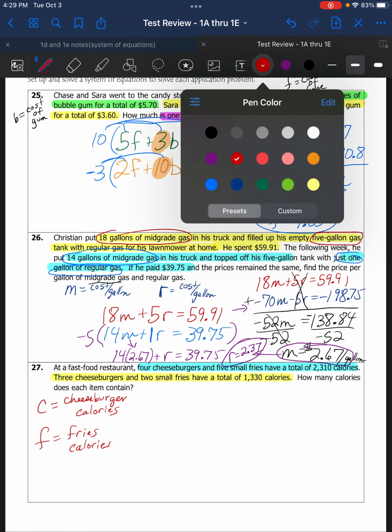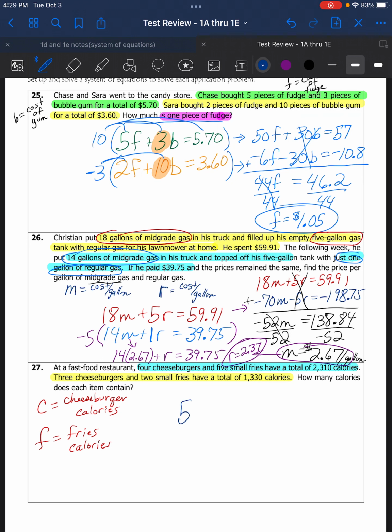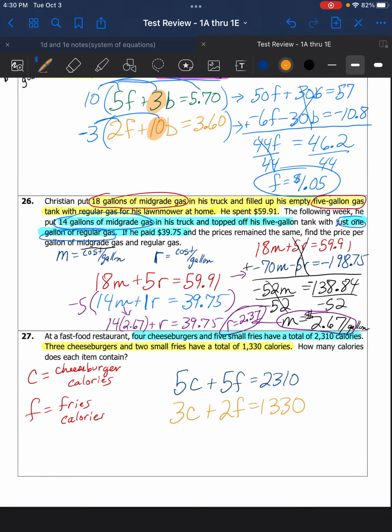So your first scenario, we have 5 cheeseburgers, 5 times however many calories they are, plus 5 small fries equals 2,310. And our second scenario, we have 3 cheeseburgers, 3 times how many calories in a cheeseburger, we don't know individually yet, and then 2 small fries, and equals 1,330.